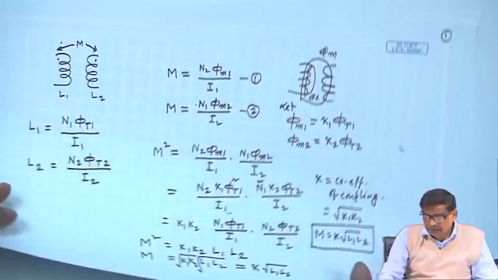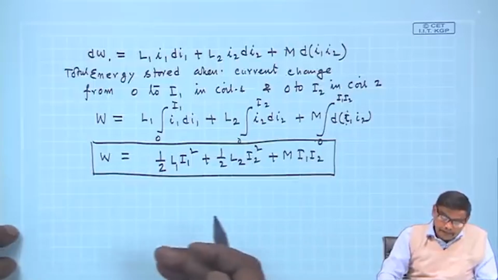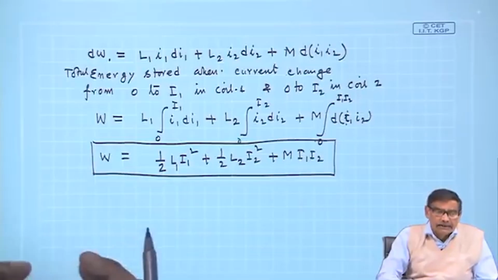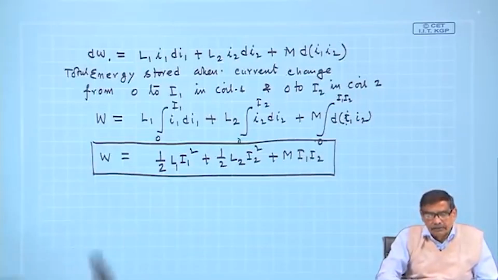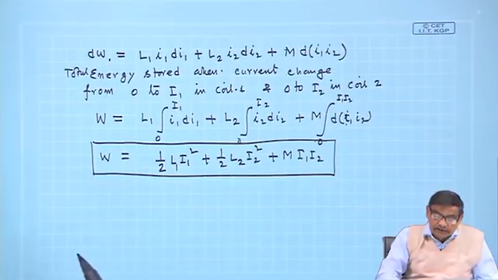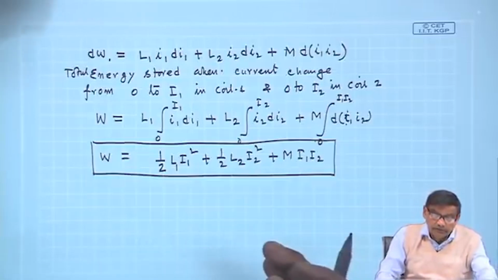And to just complete this self and mutual inductance, from the energy point of view, I know that if a single inductor is carrying some current, it stores energy. What happens if it is mutually coupled coils? How much energy will be stored in that? So, I found out that also.